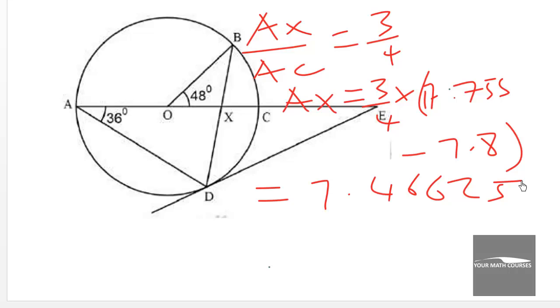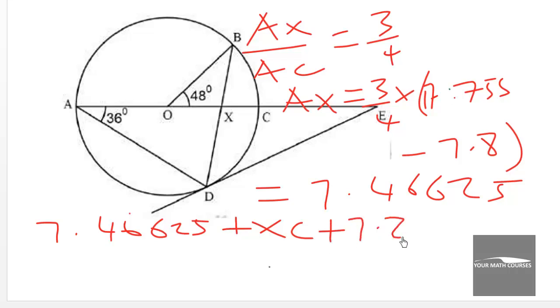So we know that AX, which is 7.46625, plus XC, which we don't know, plus EC, which is 7.8, should give us AE, which is 17.755.